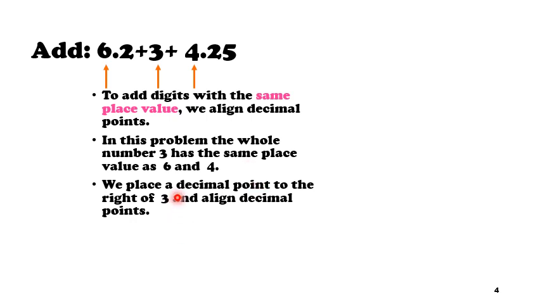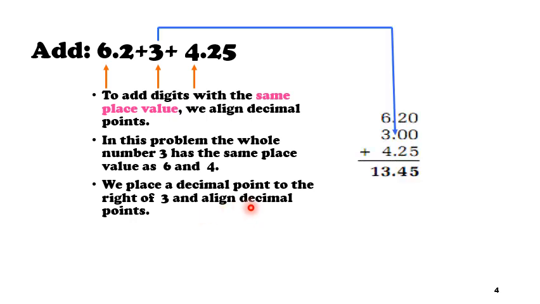So we place a decimal point to the right of the 3 and align the decimal points below each other.